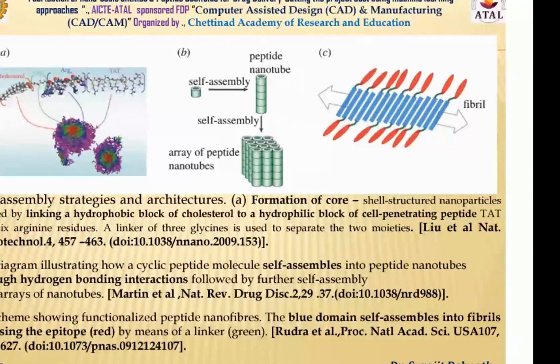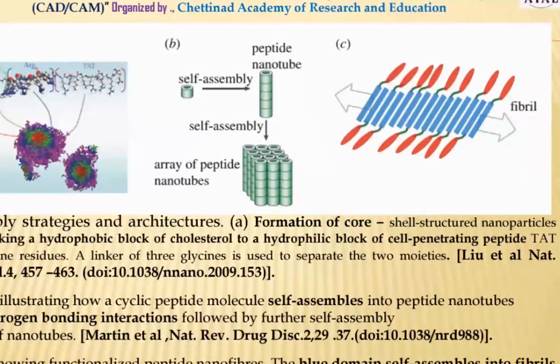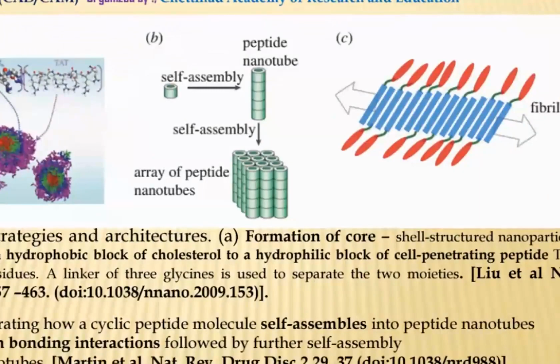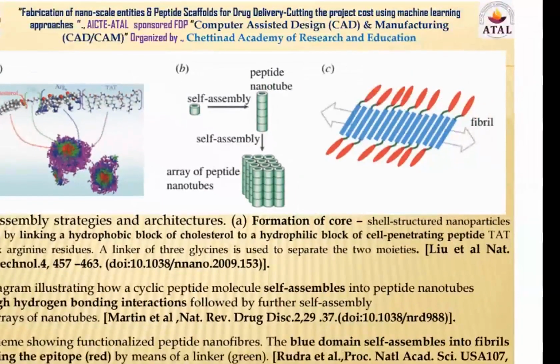These are the different issues that we can think about. So self-assembly, as you can see, peptide nanotubes. Once the nanotube is formed, you can self-assemble the nanotubes themselves, and it will make an array of peptide nanotubes, which can further go for some other purposes. Now these are very high level approaches.